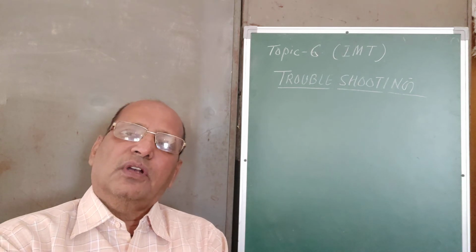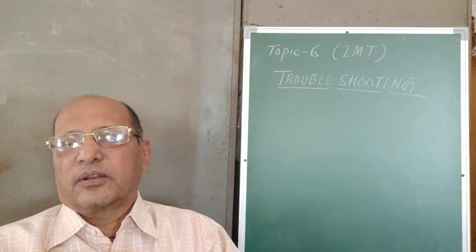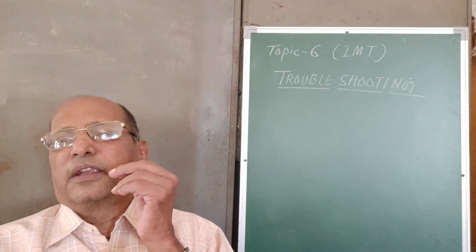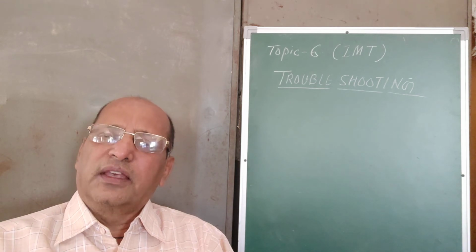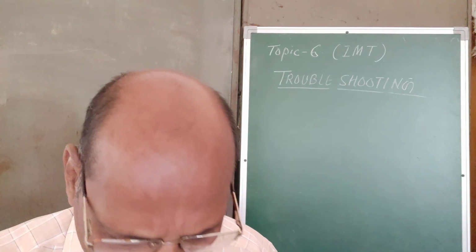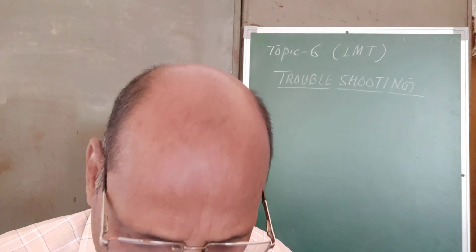For that you have to consult the chart, and that chart will be either prepared by yourself or provided by the manufacturer. So in both cases the possibility is there. So this is all about this particular topic number 6, troubleshooting.